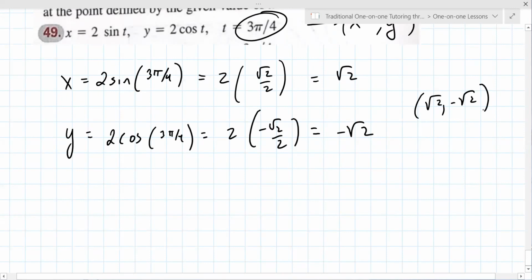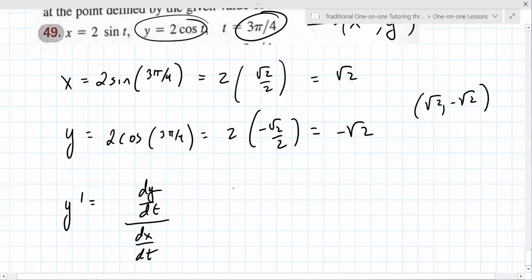Okay, now y prime is dy/dt over dx/dt. So you have to take the derivative of this one, 2 cosine t, and then the derivative of sine t here. So what's the derivative of cosine?